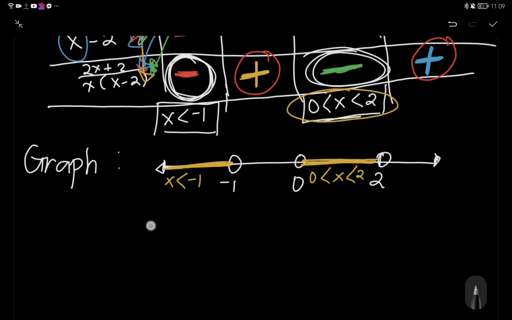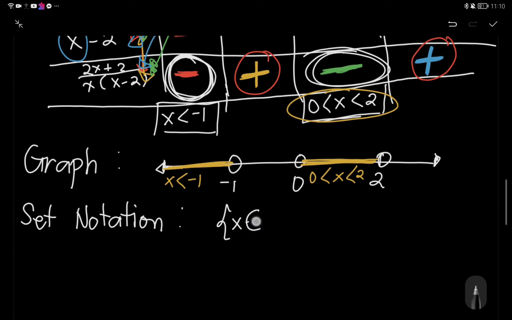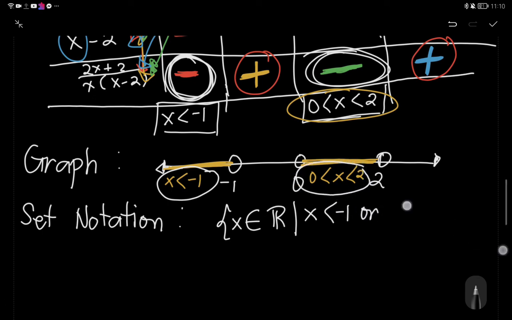after the graph, we are going to write the set notation. Our answer in set notation form. That is x is an element of all real numbers such that this one, you are going to write this one, x is less than negative 1, or you write this one again, x is greater than 0 but less than 2.